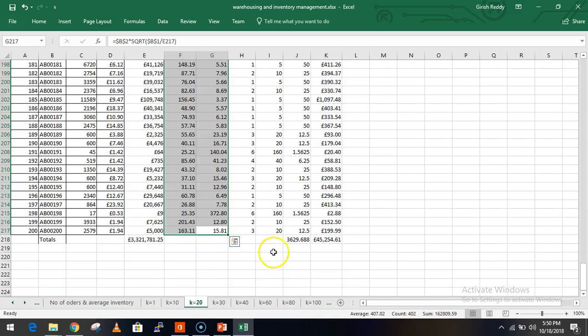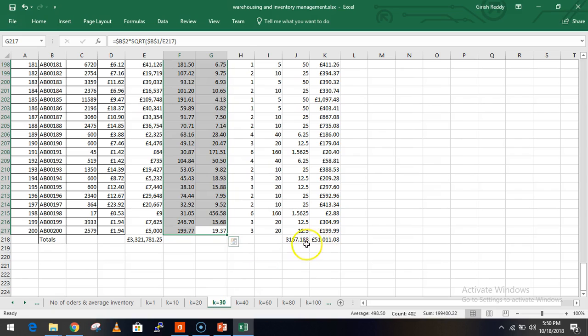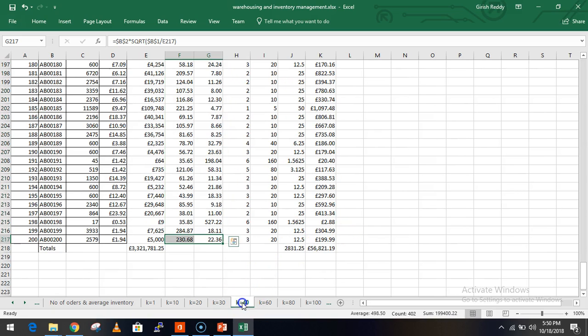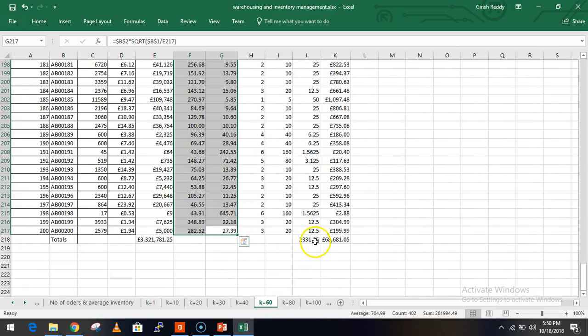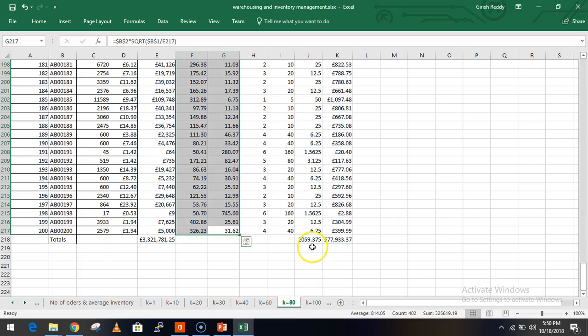And when K is equal to 20, these are the values that I got for them. And K is equal to 30, K is equal to 40 and K is equal to 60. Have you observed one thing here? When the number of orders is increasing, the average inventory is decreasing.